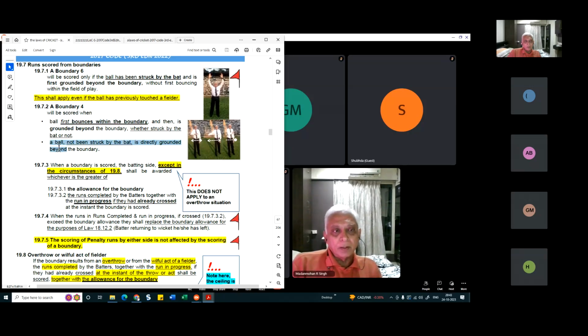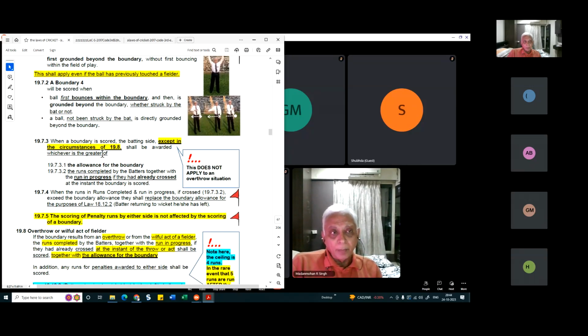And a ball which is not struck by the bat but reaches the boundary off the helmet, the body of the striker or whoever, it is still only 4 runs, never a 6, which matches with what is given in 19.7.1. Now, coming to 19.7.3, this law governs the ordinary situation which doesn't involve an overthrow.